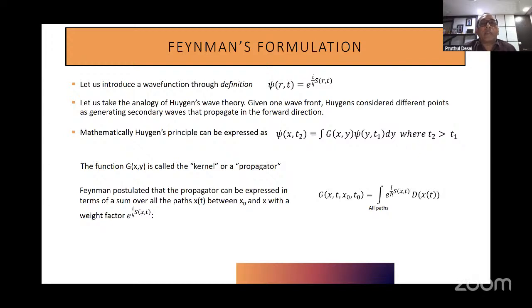Something similar was done by none other than Richard Feynman. So once again, I will briefly take one or two slides to describe Feynman's path integral formulation.